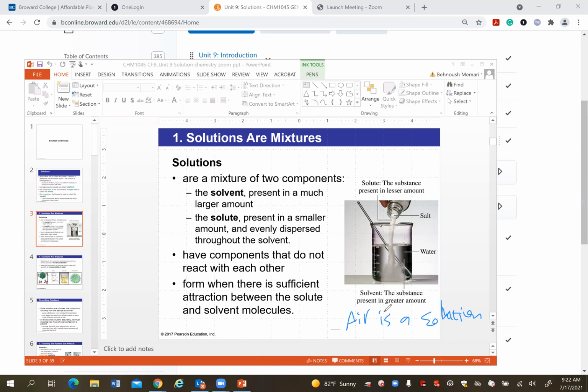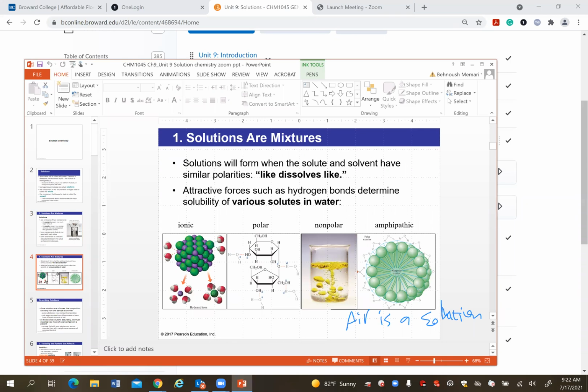How does a solution form? A solution forms between solute and solvent, basically using the general rule of like dissolves like. If the compound is an ionic compound, this ionic compound is going to break down into ions, and we talked about intermolecular forces already. So we have the ion dipole. The water molecule separates sodium ions from chloride ions.